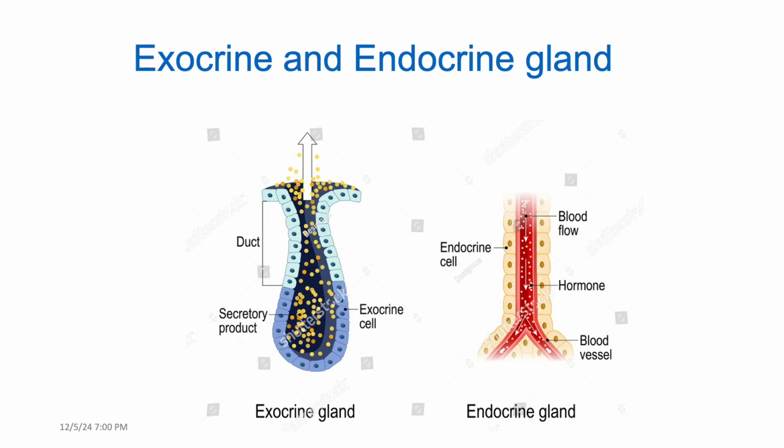Then in this diagram too, you can see that the exocrine gland has two portions: the secretory portion, which is in darker blue, and then a duct, which is the lighter part. So the secretory portion will secrete the substance to pass through the duct, unlike the endocrine gland, where the secretions are put directly into the blood, and wherever the blood goes, the secretion will also go.